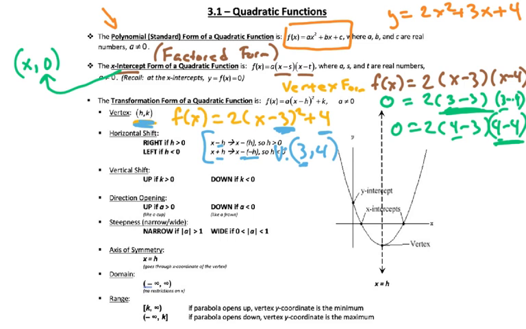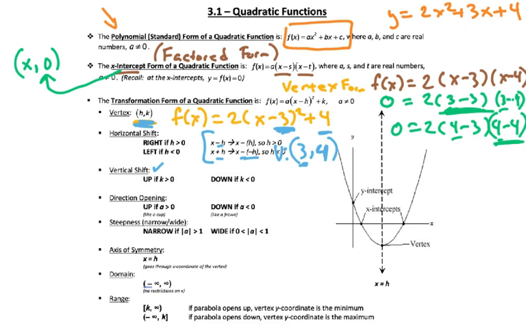Again, if you see x minus 3, it means you're going to shift 3 to the right. If it had said x plus 3, we'll shift 3 to the left. With the vertical shift right here, it's going to be exactly what your intuition tells you. So notice 4 is still exactly that. It's up 4.